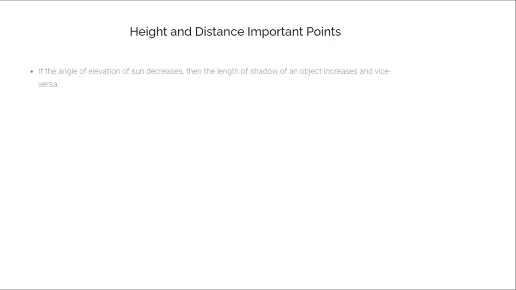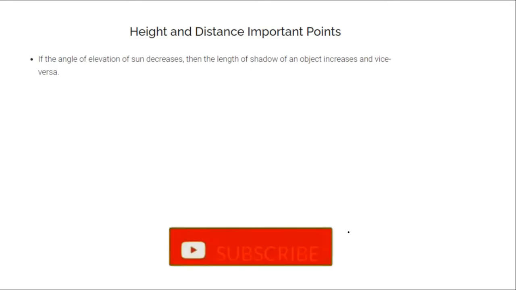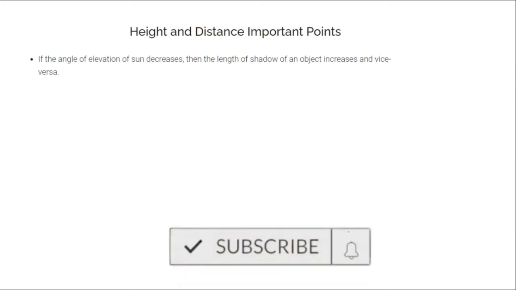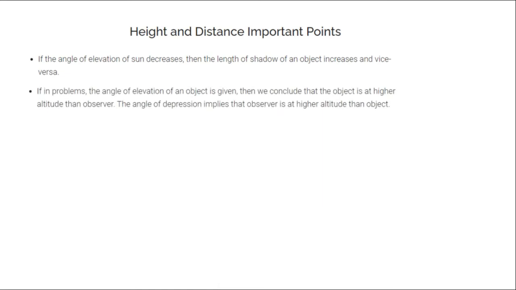The next important point, if the angle of elevation of the sun decreases, the length of the shadow of an object increases, and vice versa. If in problems, the angle of elevation of an object is given, then we conclude that the object is at higher altitude than the observer.